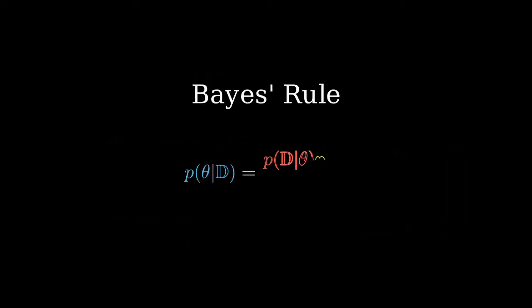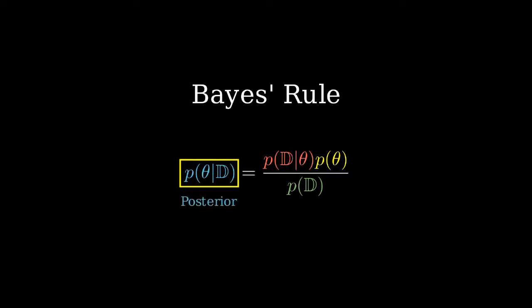If we look at Bayes' rule using the probabilities involving the parameters and the dataset, we see a relationship between the two probabilities we just discussed. These probabilities actually have names in the framework of Bayesian inference. We call the probability of parameters given data the posterior probability. The probability of data given parameters is called the likelihood.